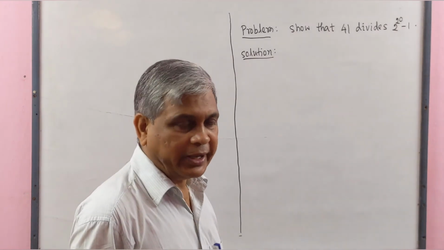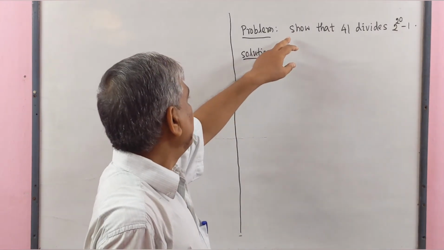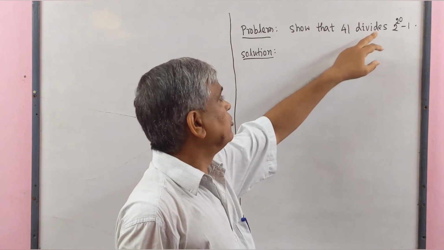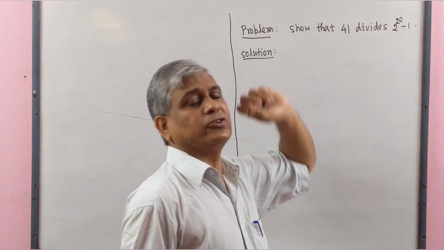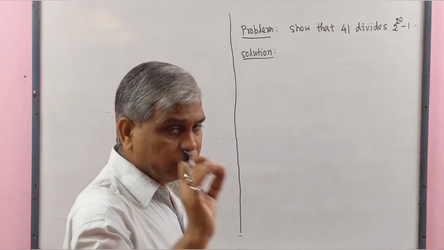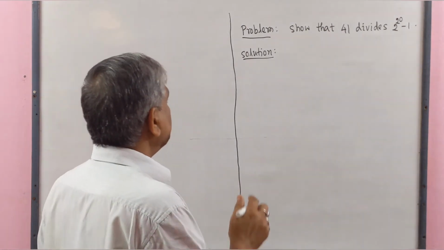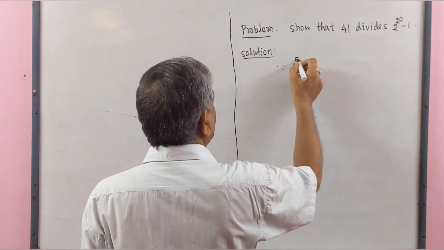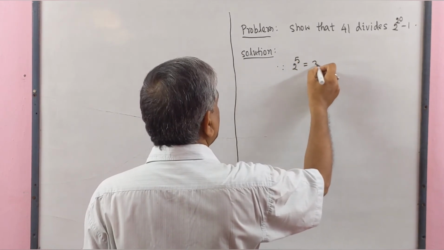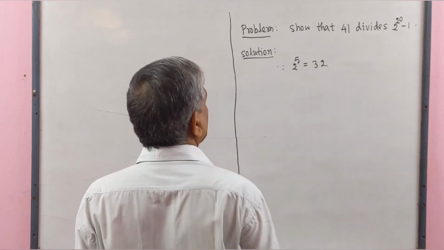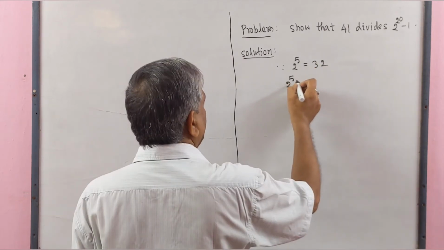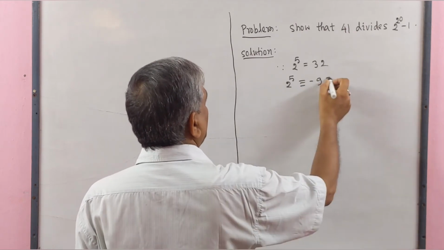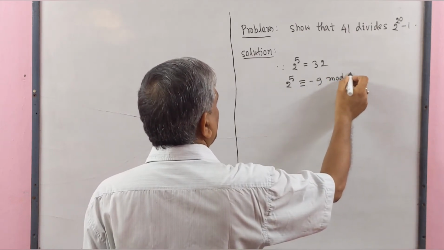Now we solve a problem. Problem is to show that 41 divides 2 to the power 20 minus 1. Now we solve this. Since we know that 2 to the power 5 equals 32, 2 to the power 5 is congruent to minus 9 modulo 41.